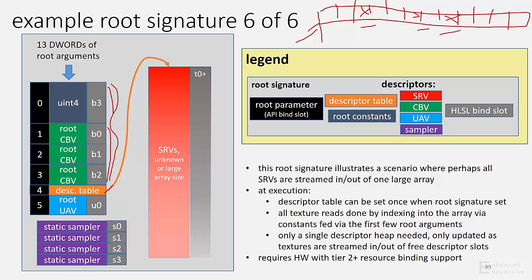So basically, in the shader, given, for example, a material ID, you can index into this one large array to arrive at whatever textures or whatever types of descriptors you want to access for a given draw.